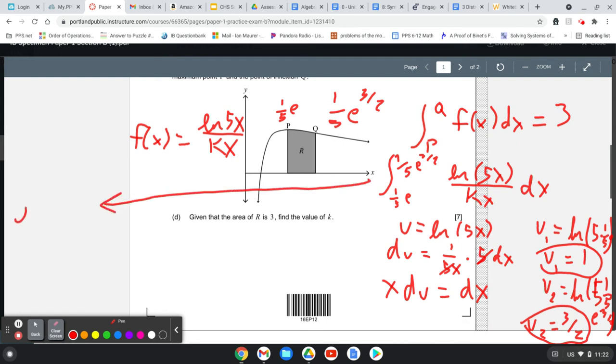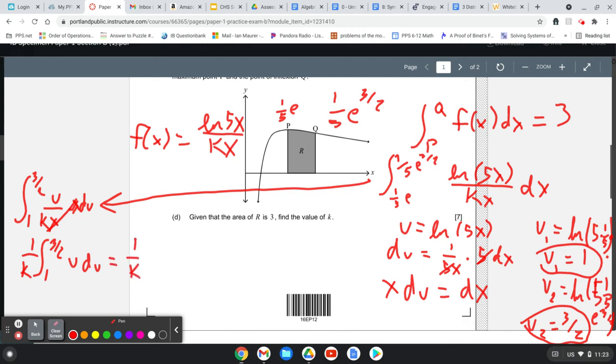So I'm going to slide over here. I have my bounds of integration from 1 to 1.5. I have u divided by kx, and dx is equal to x du. The x's can cancel out, and k is a constant, so I can change this to being 1 over k times the integral from 1 to 3 halves of u du.